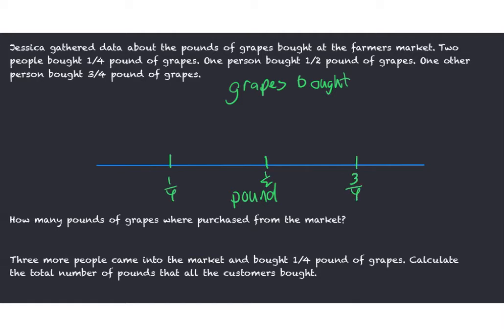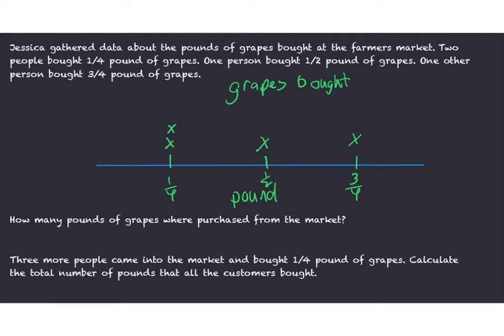Now I need to place X's above my number line to help me see how many times the data is represented here. 2 people bought 1/4 pounds of grapes, so I'm going to put 2 X's above the 1/4. Only 1 person bought half a pound of grapes, so I'm going to put 1 X here. And then 1 other person bought 3/4 pounds of grapes, so I'm going to put 1 X above that.